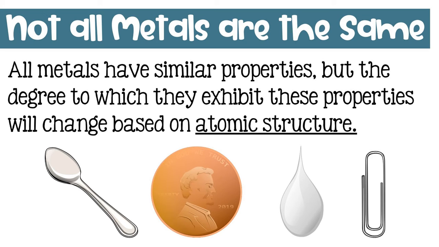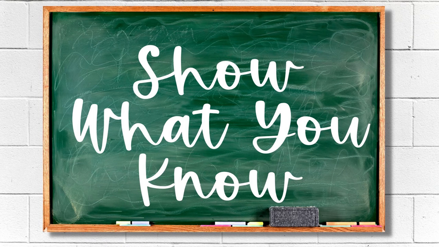For example, it's a lot easier to bend the paperclip than the penny, or on top of that, the liquid mercury is the only liquid there. Plus, the penny has a very different color from all the rest. In a few minutes, answer the questions on the Show What You Know section and come back to check them out.